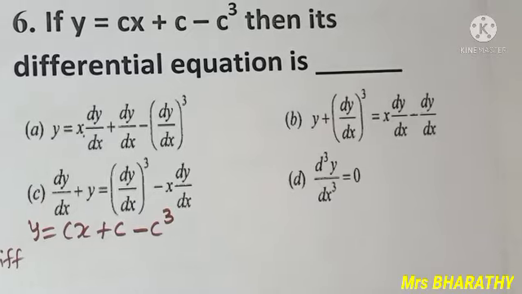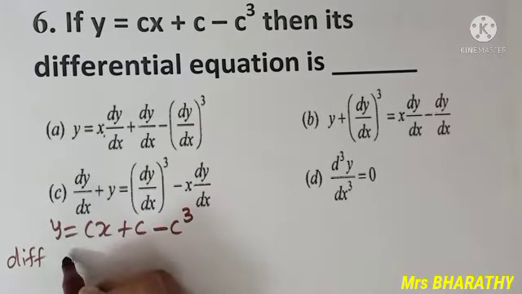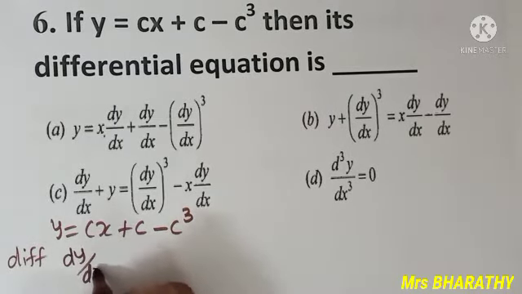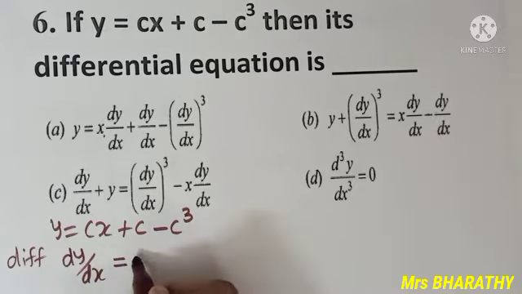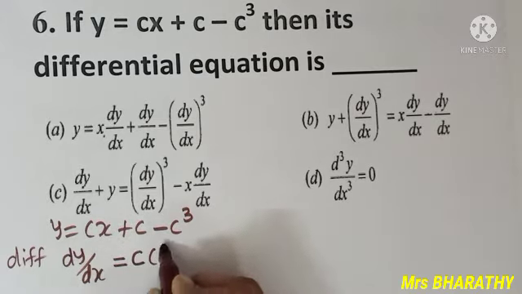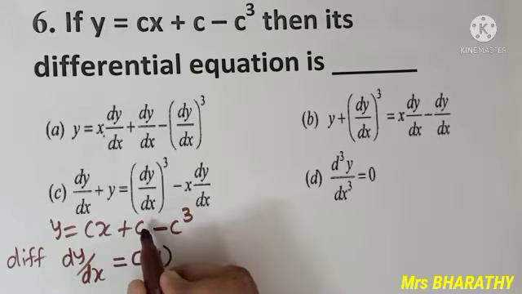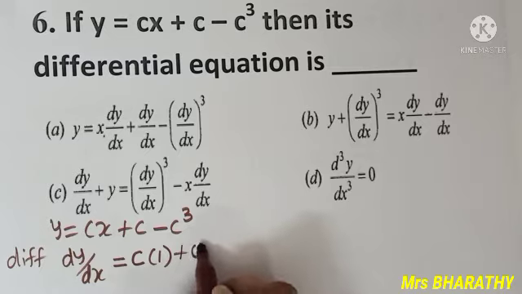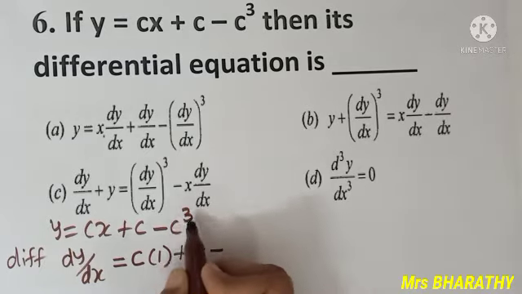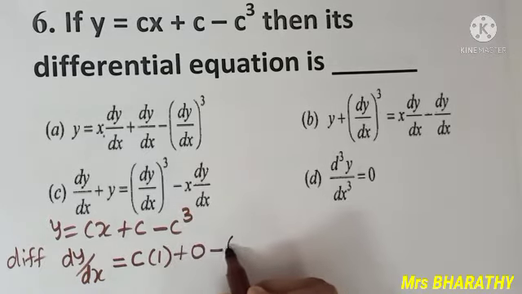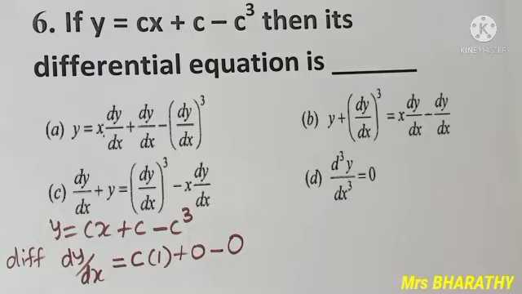As I differentiate, y will become dy by dx. C into x will become 1. C being a constant will become 0. Again, c cube is a constant that also becomes 0. So I get c equals dy by dx.